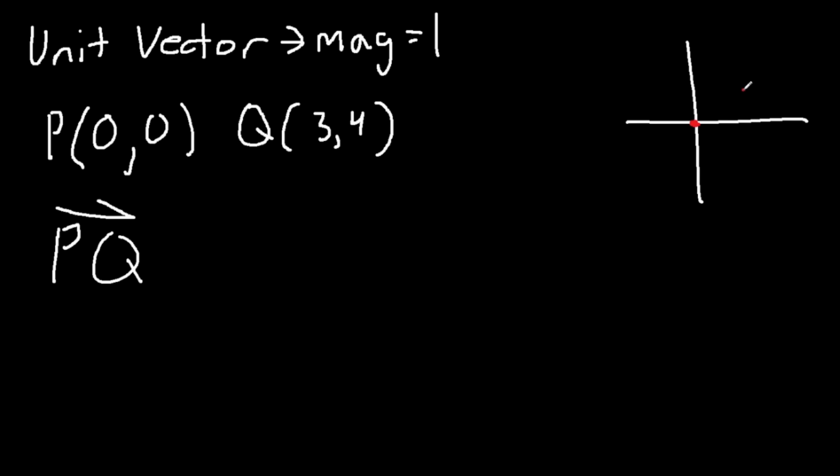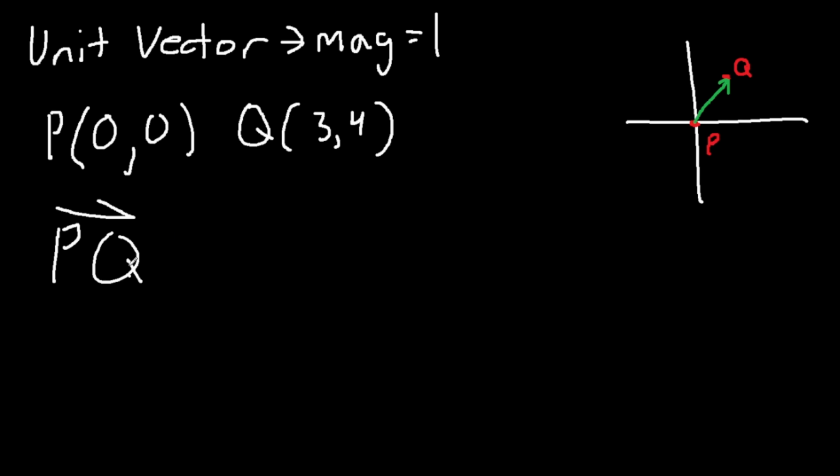This is Q, and this is P. What is the vector from P to Q? The vector from P to Q would be the distance between the two points of x and the distance between the two points of y on both the points P and Q.